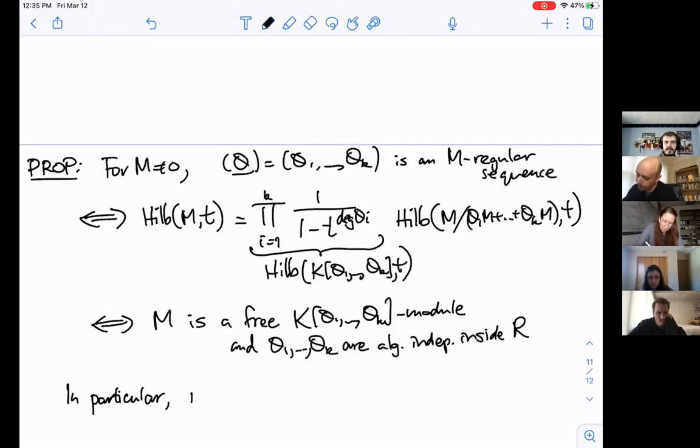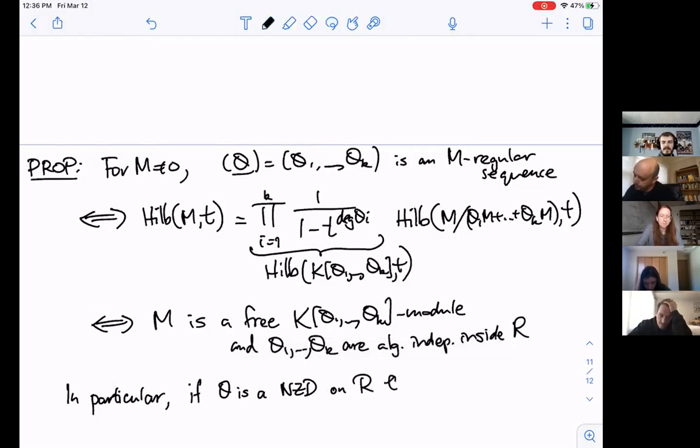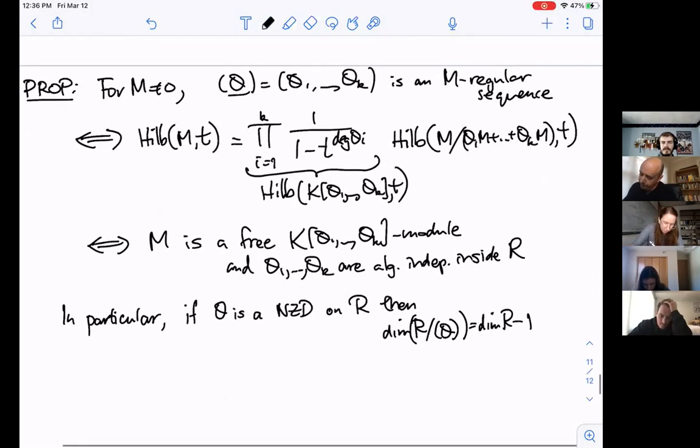In particular, if theta is a non-zero divisor on M, and I'm going to write this for R, this is a special case, then the dimension of R mod theta, the Krull dimension, is 1 less than the dimension of R. And if you have a regular sequence, you just iterate this.